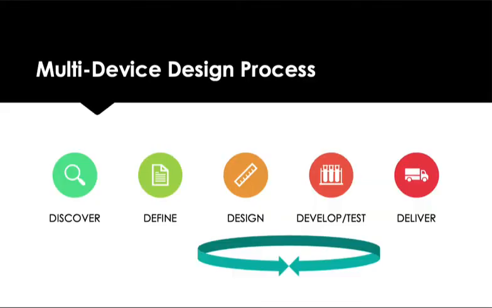The multi-device design process is pretty much like the design process that we've talked about and that you covered in other classes. We have to perform our discovery of our project and exactly the scope of it, define the user profiles or personas, the specifications and requirements for the application, and, as I mentioned earlier and we'll talk about next week as well, the context of the usage.